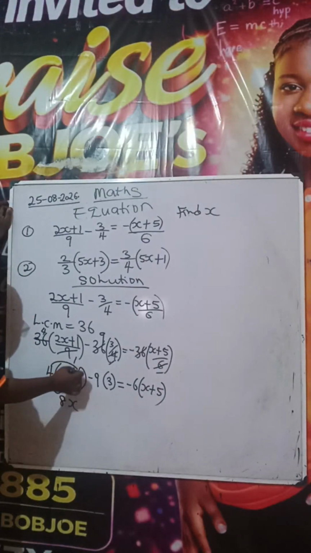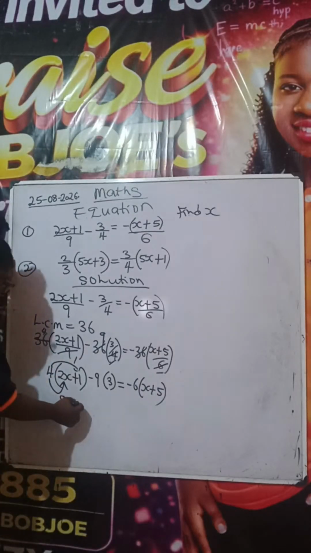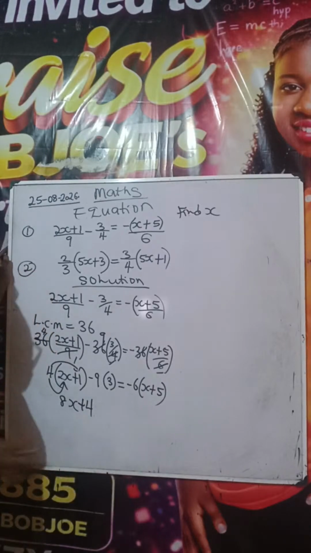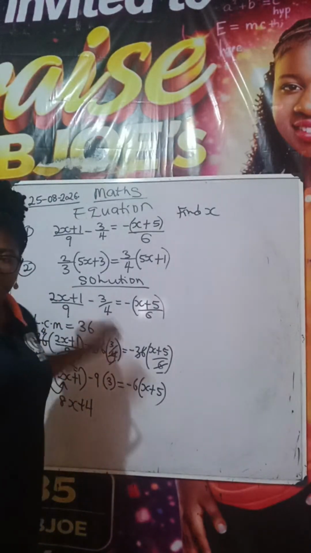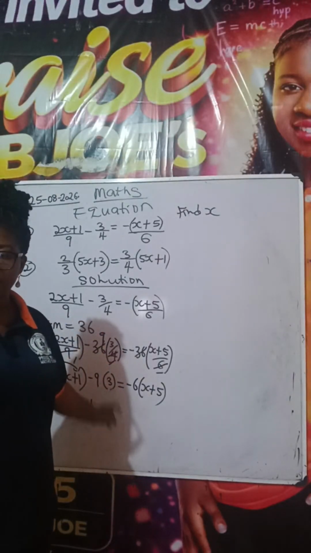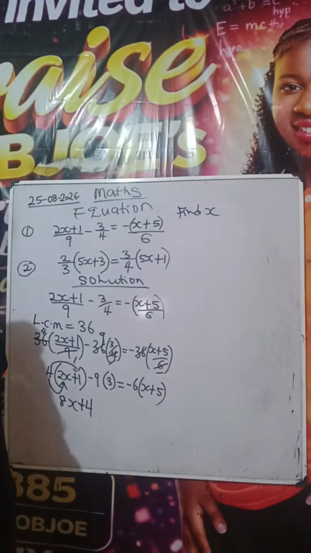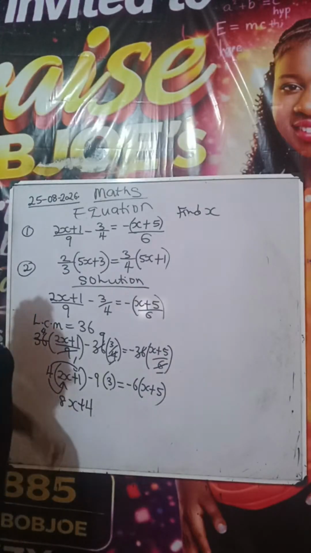Then 4 times 1, what do we have? So we have 4. Then next is to multiply the next one. Minus 9 times 3, what do we have? So we have minus 27.